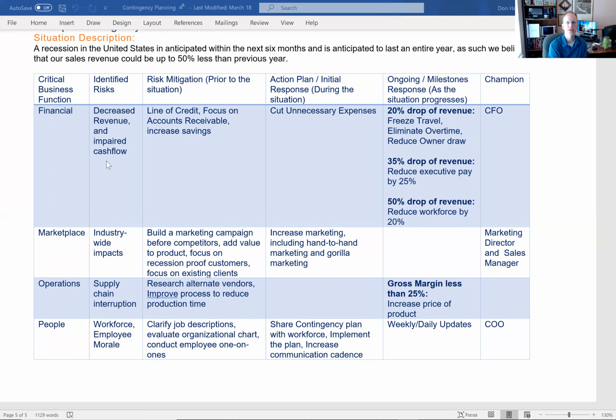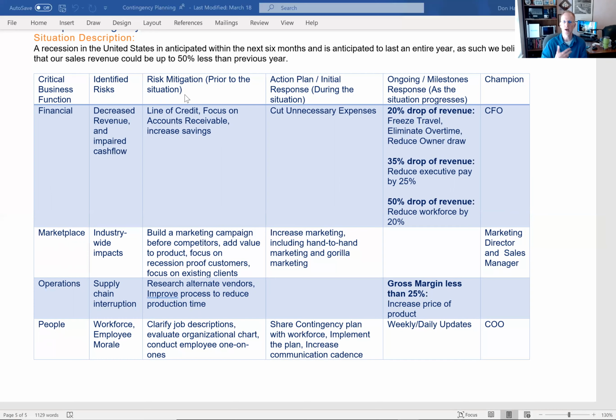So identified risks. You start off by listing the financial and you think, what are the identified risks? In this situation, I put decreased revenue and impaired cash flow. Then you work your way to the right for each of these and you say, what's risk mitigation? Risk mitigation is how could we eliminate this risk altogether? Are there things that we could do to make this not an issue?